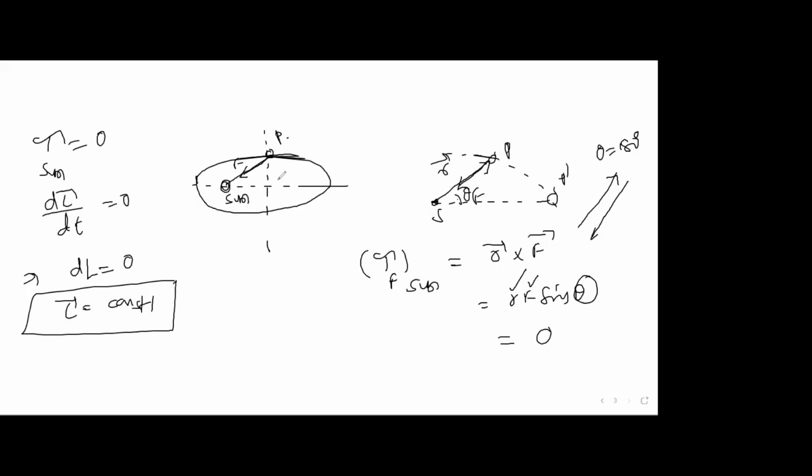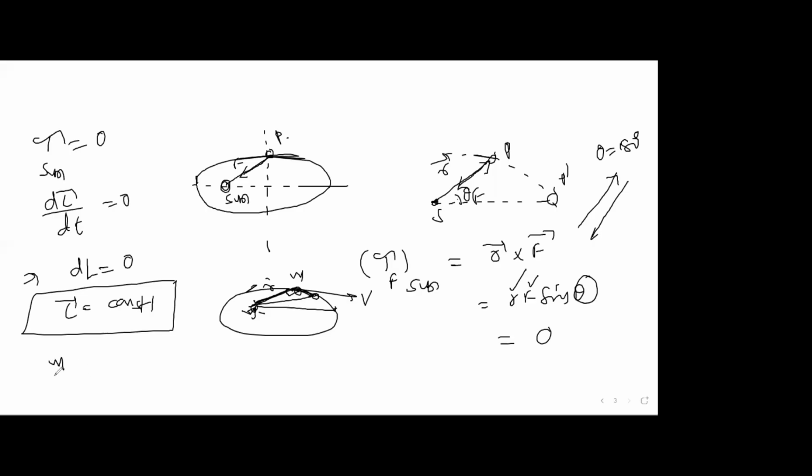Approximately, for a small amount of time, if we consider this as the sun and this as the planet, it shifts like this. If I take this as the average radius r and the speed of the planet as v, the angular momentum of this planet about this point is mvr. You can take a very small theta, so the velocity is tangential and this is radial, so the angle is almost 90 degrees.